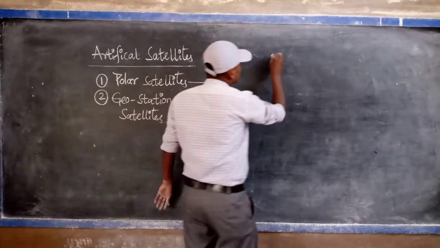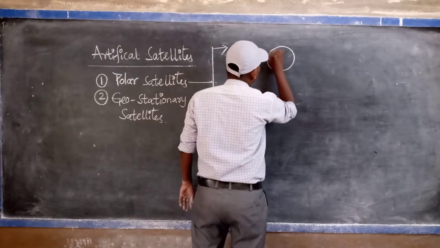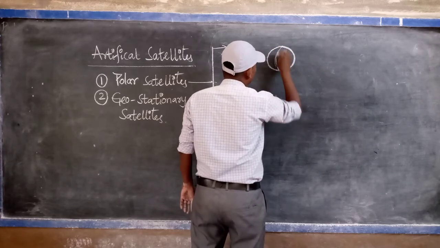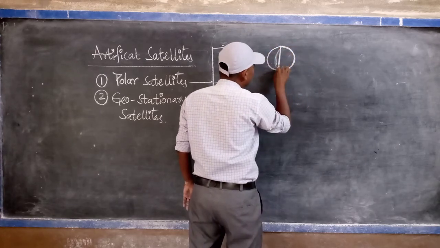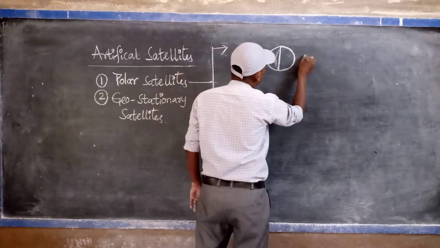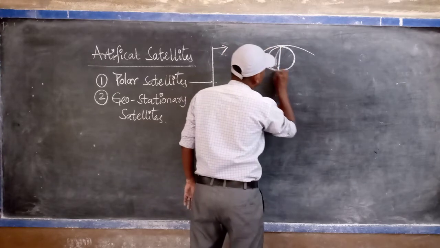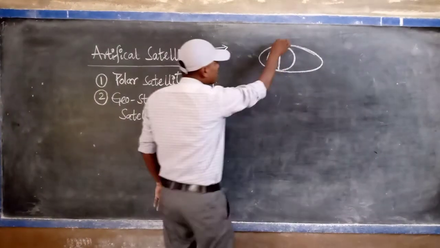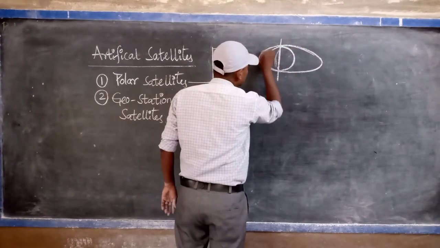So, it is the Earth. For the Earth, the equatorial line is there. For the equatorial line, in which direction are polar satellites revolving?